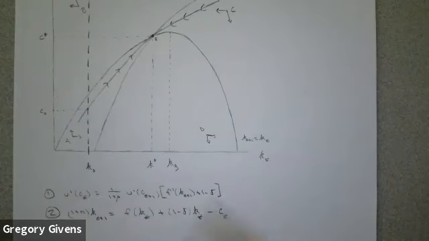Those things don't matter for the subsequent path of consumption and capital. That's what we want to try to prove today. Now, before we do that, let me talk about this picture a little bit more.